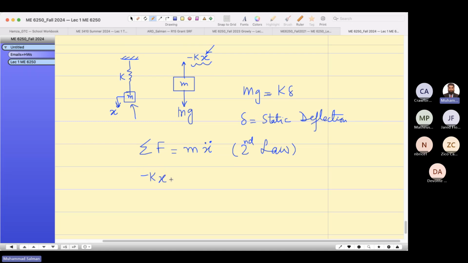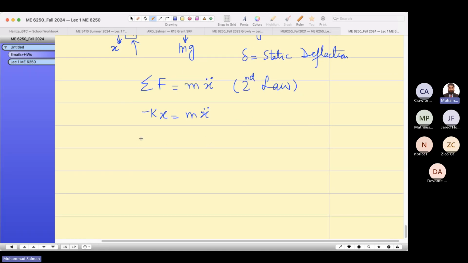Negative sign tells me... So in this case, if you do the rearrangement, now the next step, this is our answer. Your answer is complete. You have derived the differential equation of motion for this case, mass spring system.